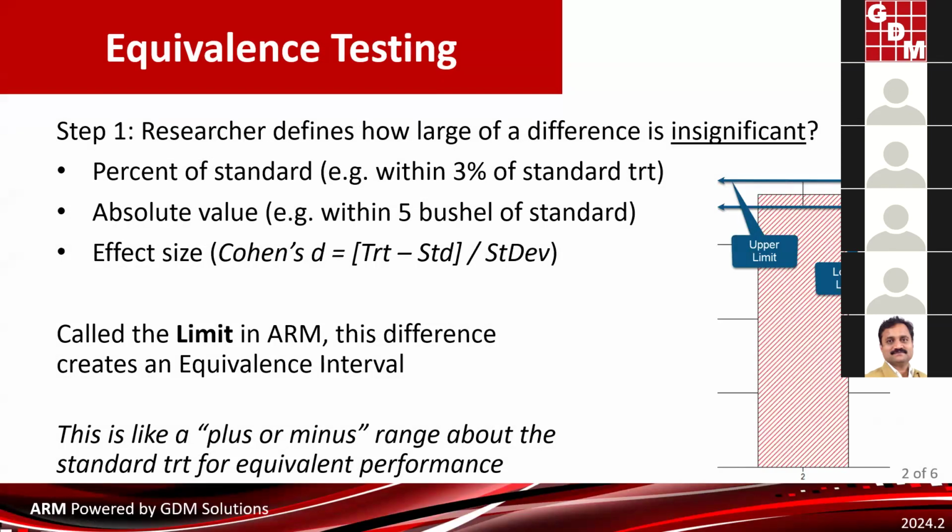So the first step in doing this is pretty important. You need to define how large of a difference is insignificant. It's probably pretty specific to an assessment that you're targeting, if it's your yield in the end, if it's your control, whatever outcome is of most importance that you're going to want to make this claim on, you need to define the amount of a difference between the two products that is truly not significant.